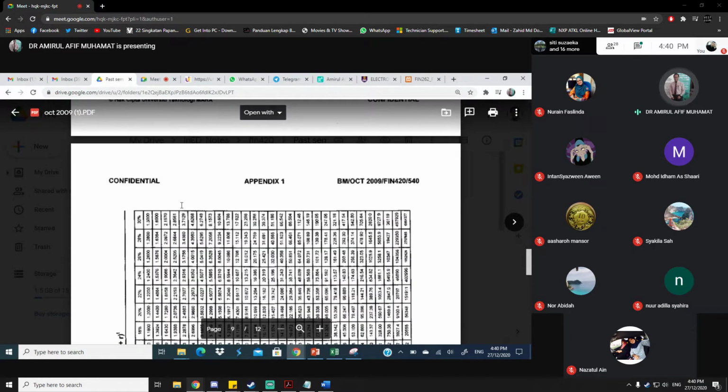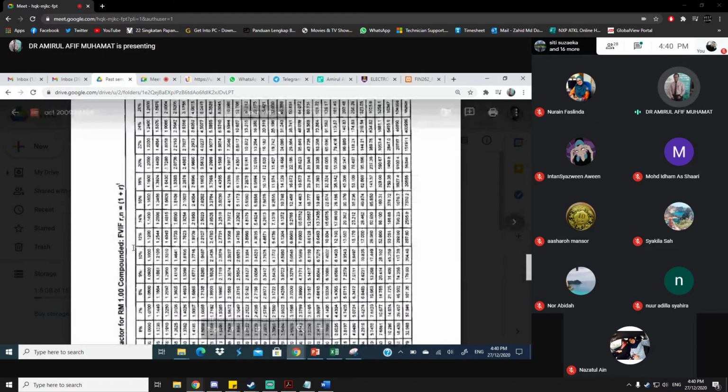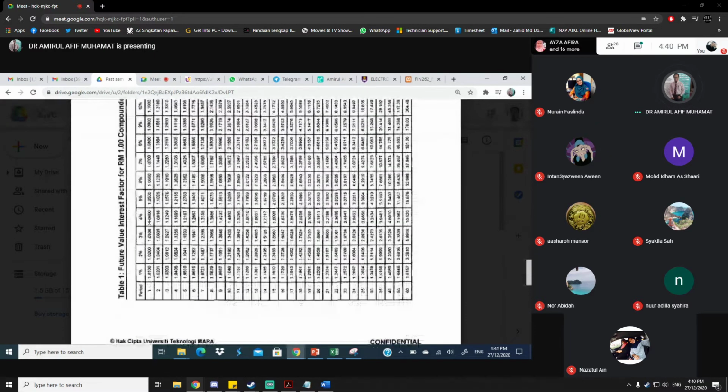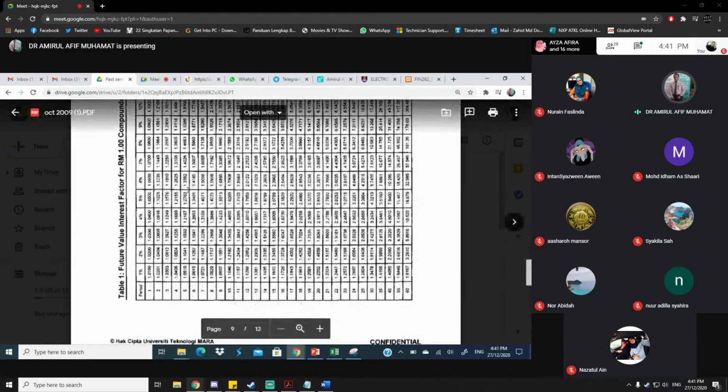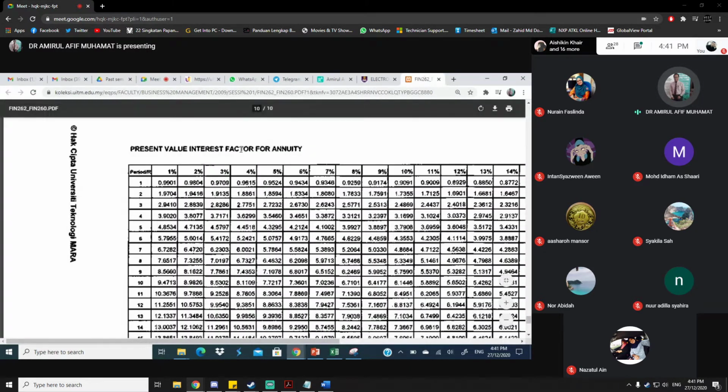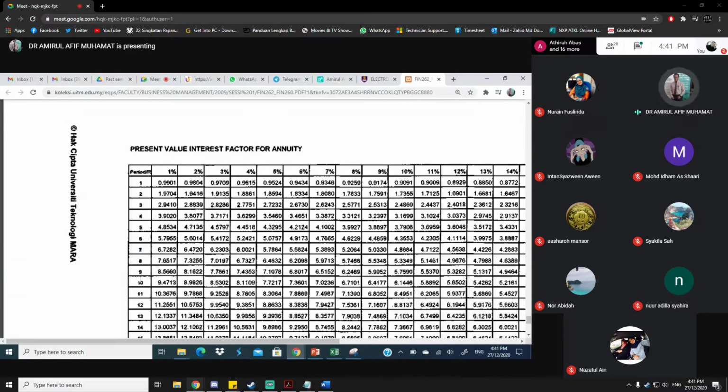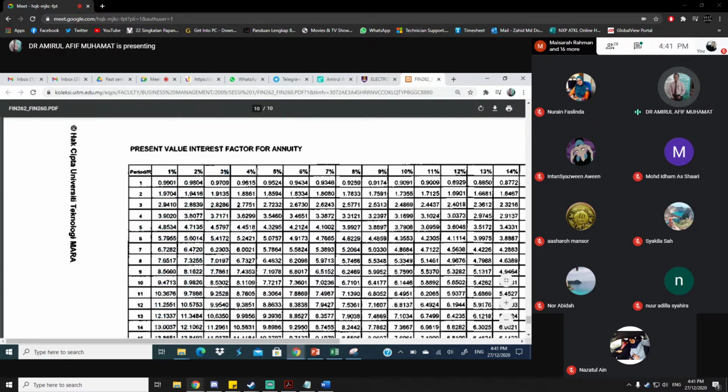Okay, so for NPV you need to refer to this factor table. This is the factor table. For the factor table here, the left side shows you the year, the period, and on top it shows you the percentage. In the middle of it, that is your factor.